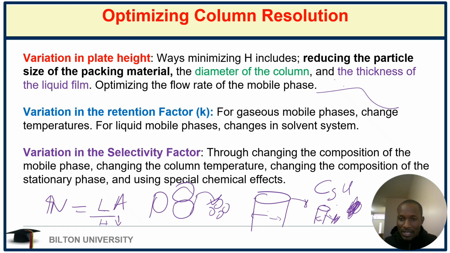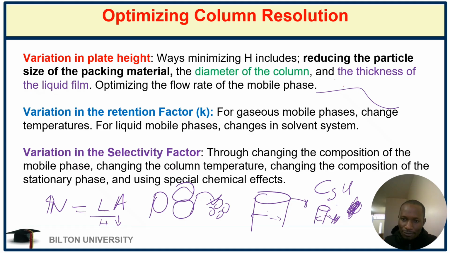So oven temperature needs to be varied, and remember, when we increase the temperature, we are going to increase the speed at which gas particles of the mobile phase move. So if the gas particles of the mobile phase move faster, whatever is being carried by the mobile phase is also going to move faster.